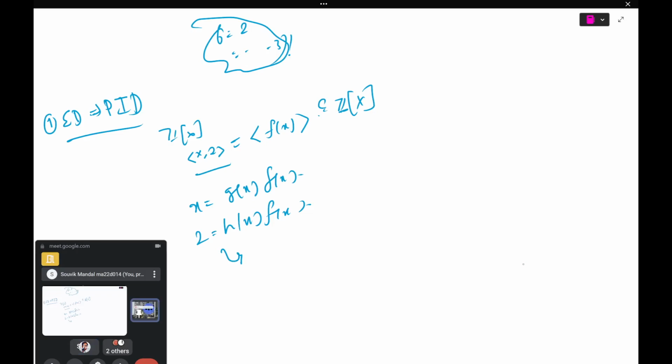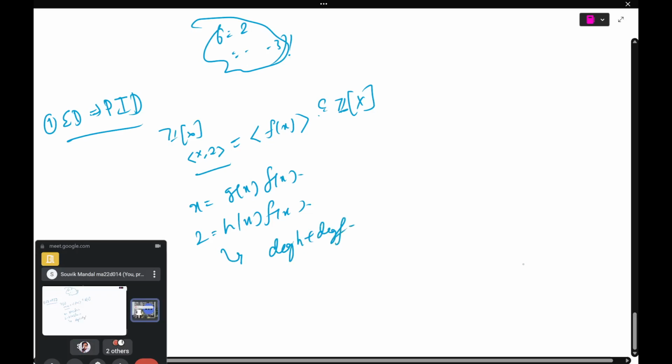The degree of h times f is equal to degree h plus degree f, right? So degree h plus degree f is equal to 0.